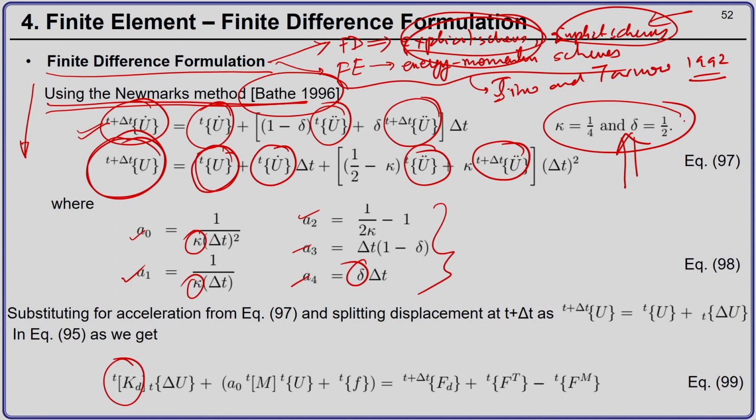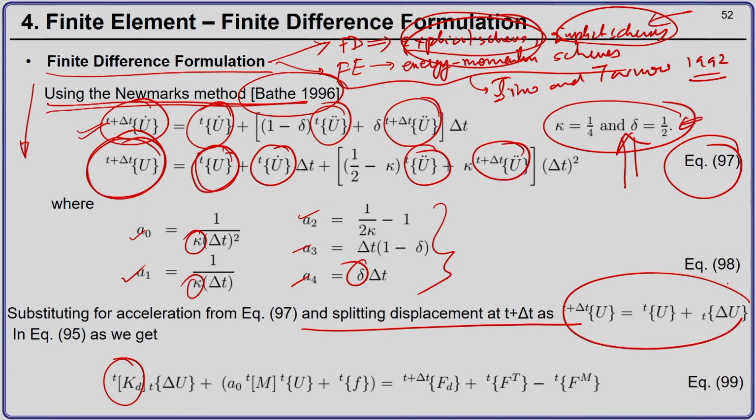For non-linear system, you have to change these values according to a certain relation which is given in Bathe, where you can have a certain amount of numerical dissipation. Now if you substitute equation number 97 and split your displacement at time t plus delta t like this, you can write equation 95 in the following form.